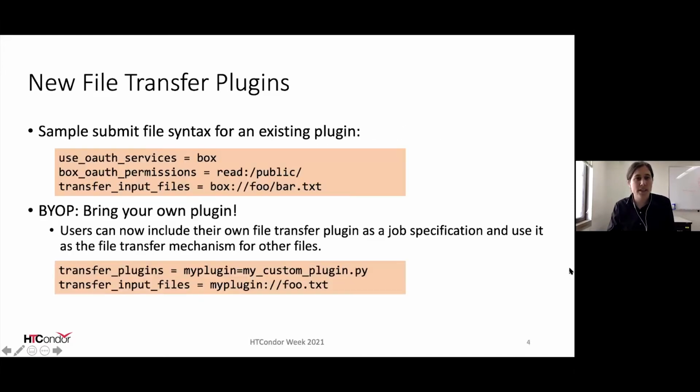I've also included a quick example of what the syntax can look like in the submit file for using these plugins. You have to enable the services. If you're using an authenticated service, there's some work that has to be done behind the scenes to make sure you get that access. But once that's done, use these options, and then the plugin name and the file to be accessed. And this does work for input and output.